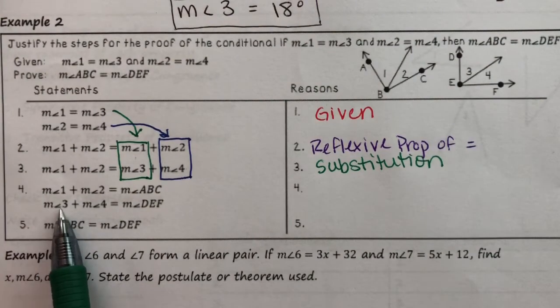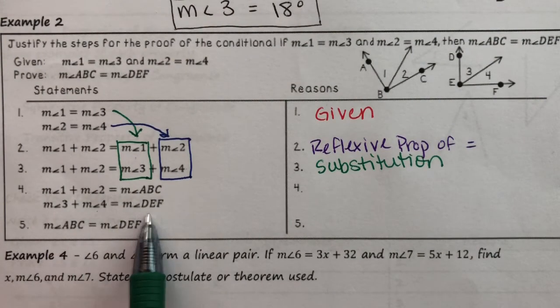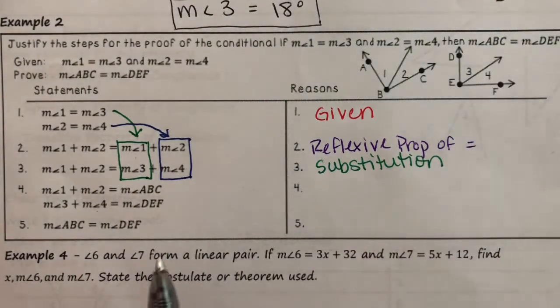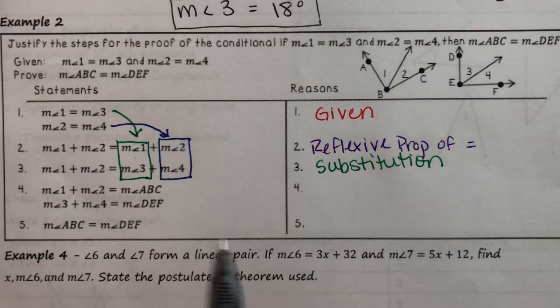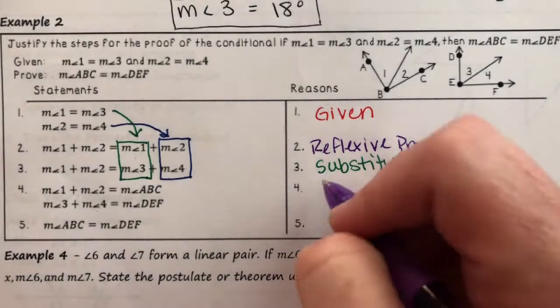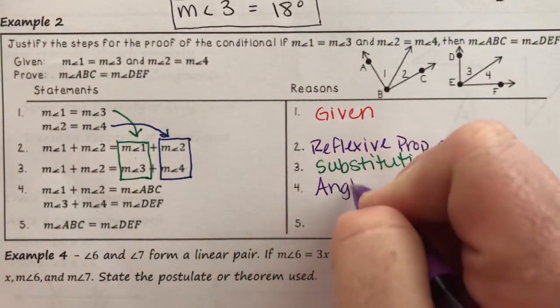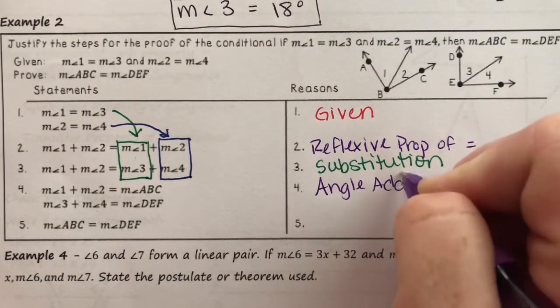And the measure of angle 3 plus the measure of angle 4 is equal to the whole thing, DEF, right? So whenever I add up two smaller parts to total one bigger part, just like the segment addition postulate, two smaller segments add up to one big segment, this is kind of the same thing. We're going to say this is the angle addition postulate.